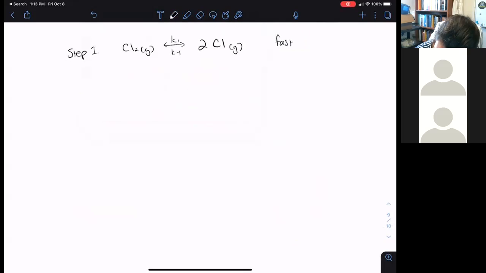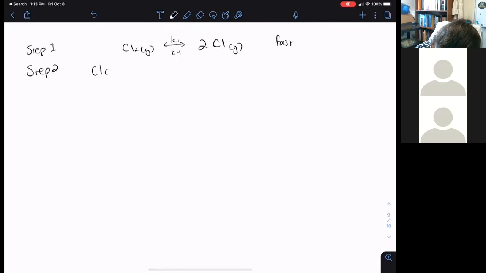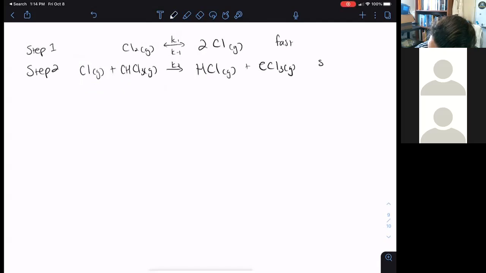Then we have step 2: Cl gas plus CHCl3 gas goes to HCl gas plus CCl3 gas, and this is our slow step.